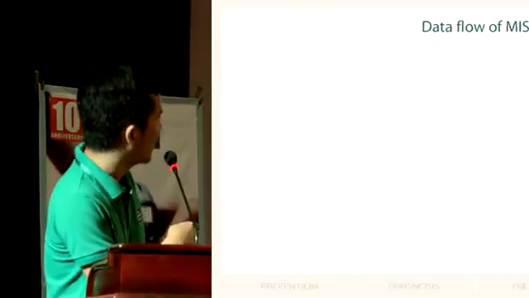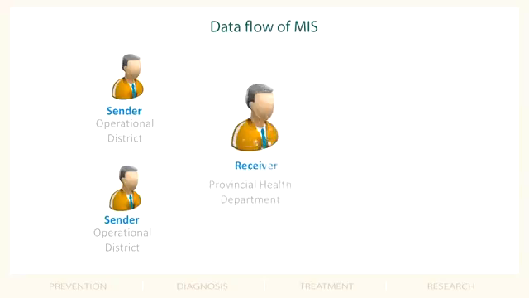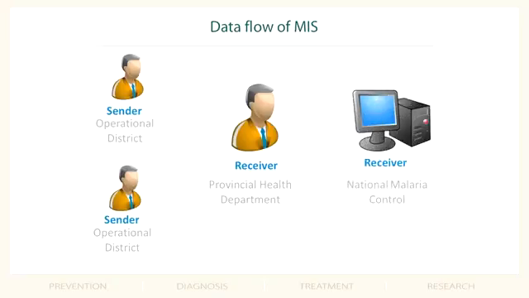And this is the data flow of the MIS. The sender is the operational district staff. After they enter the data, they have to send it to us on a monthly basis through the provincial health department and the national malaria control program. So the data is updated every month.